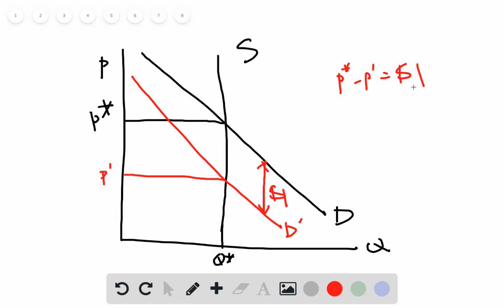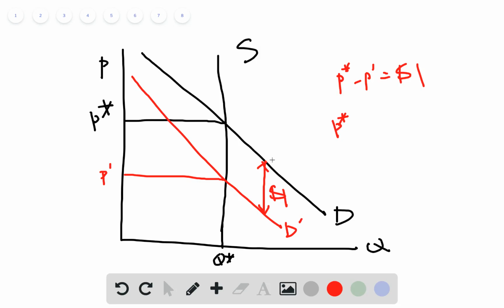And now the question is, who needs to pay this $1 tax? Because the supply curve is vertical, you could see that the case is very simple. Previously the market is at equilibrium: P star is paid by the firm and received by the worker.